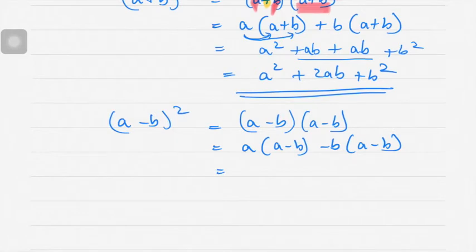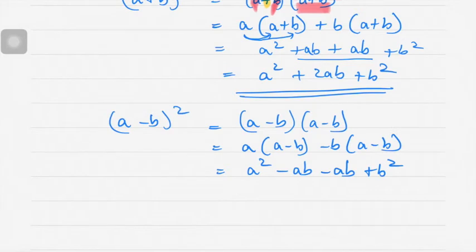Next, a into a will be a square, a into minus b would be minus ab, correct? Minus b into a would be minus ab, and minus b into minus b would be plus b square.